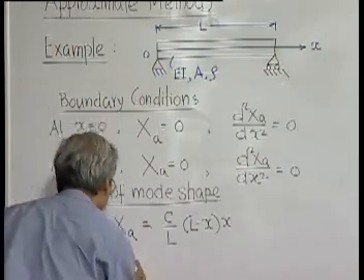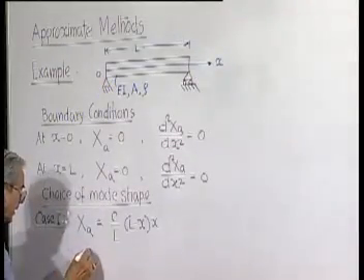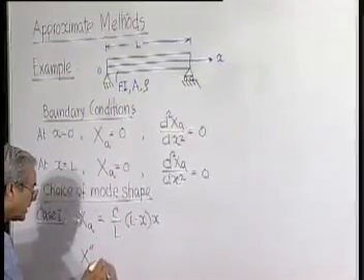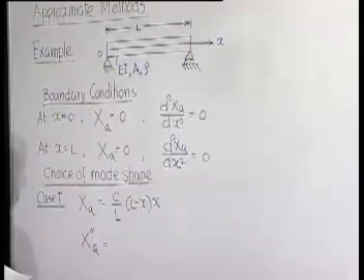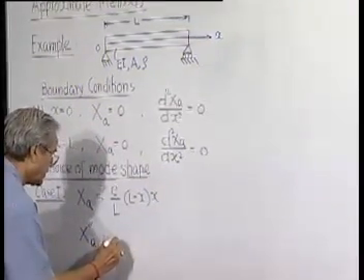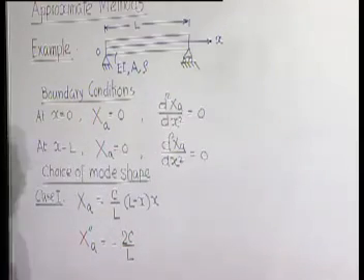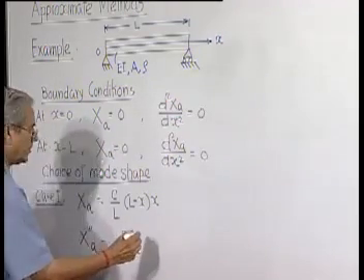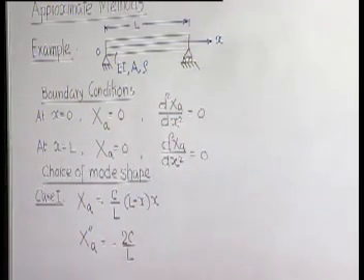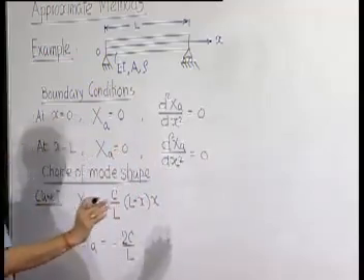Let us see how much d2X by dx square is. If we differentiate this twice, we get this, which is not equal to 0, neither at x equal to 0 nor at x equal to L.